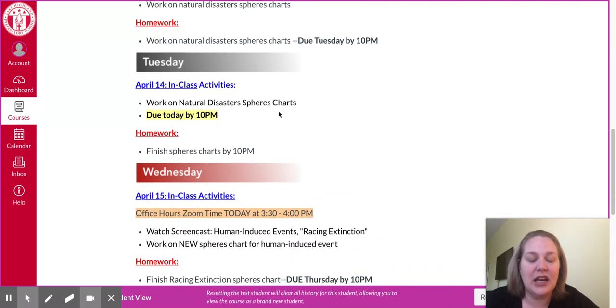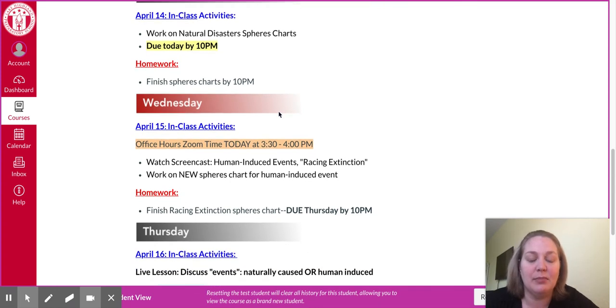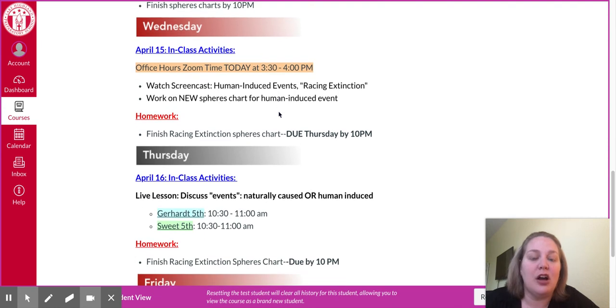On Tuesday, you're going to continue working on your natural disaster spheres chart. So it's a carryover, if you will, from Monday. There are office hours on Wednesday from 3:30 to 4, and you are actually going to watch a screencast, and then instead of just looking at natural events, start looking at some human-induced events. The video that I've selected for you is not Racing Extinction.